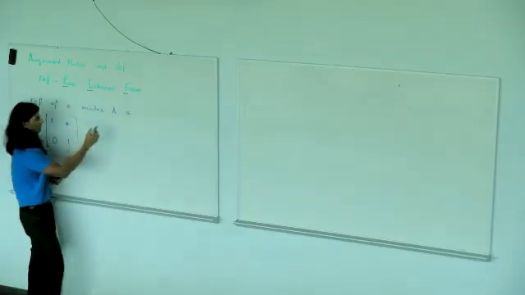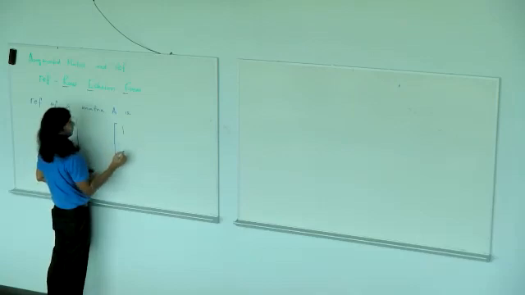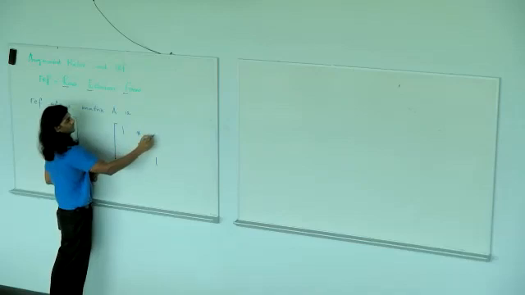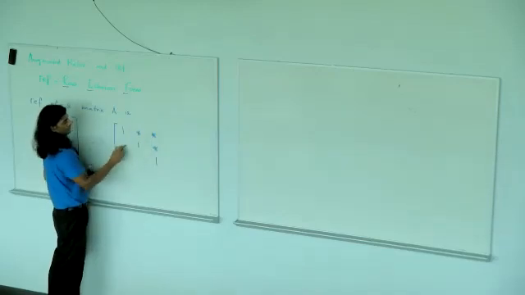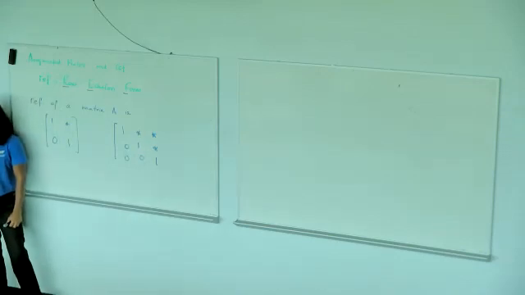Good. In the 3 by 3 case, you have 1, 1, 1 on the diagonal, some number, but 0 down there.